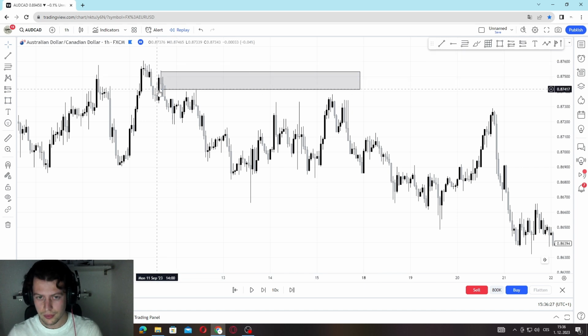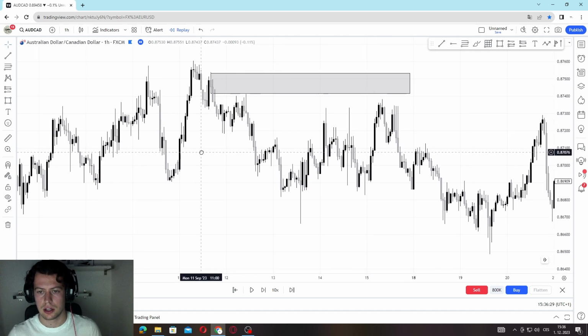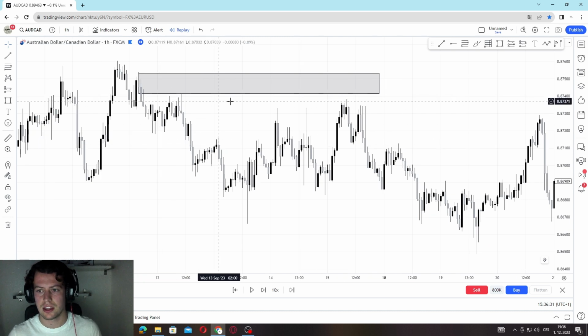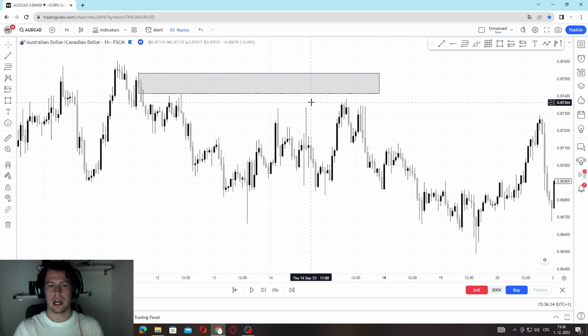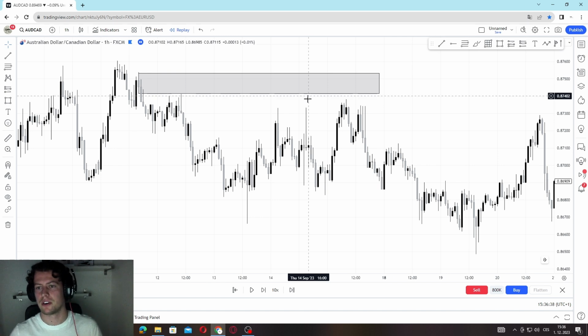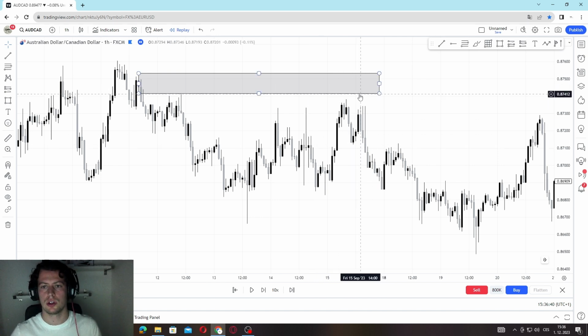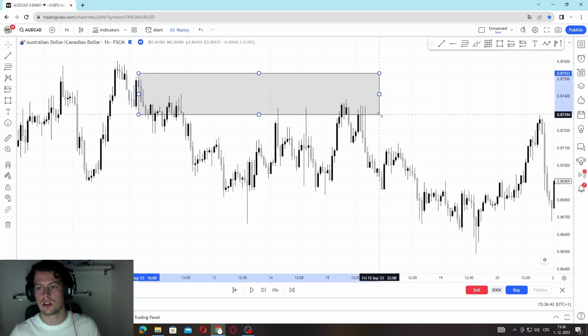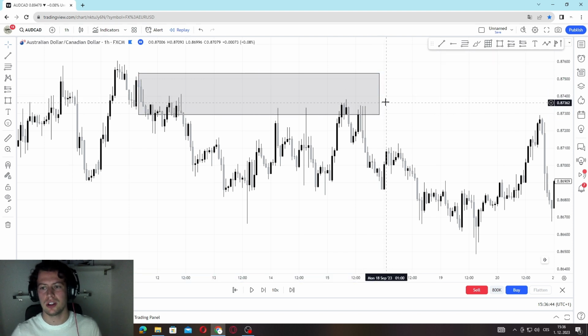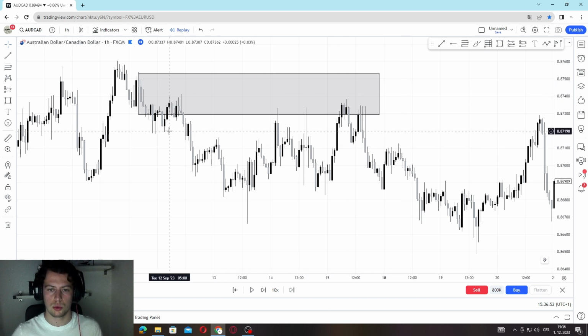Because you want to have your zones quite small, because if it arrives to your zone and you have this big zone, you don't really know where to enter, because it can hang around in some consolidation, liquidity grab, and these things. You want to refine your zones.